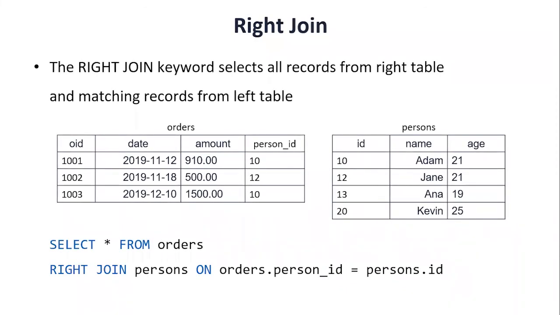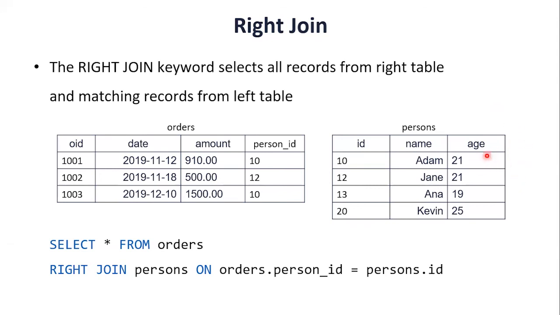So let's see the right join and an example. When we say select all from orders, right join persons using the same condition, in this case, again, the left table would be orders, and the right table would be persons. So what should happen is all the records from the right table should be included.